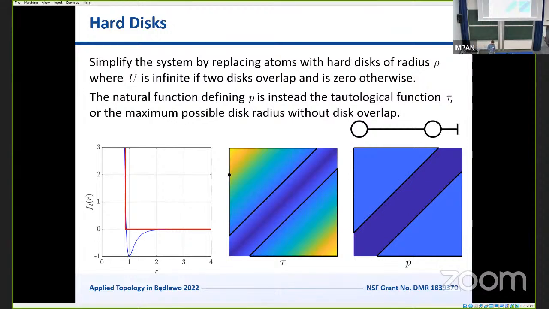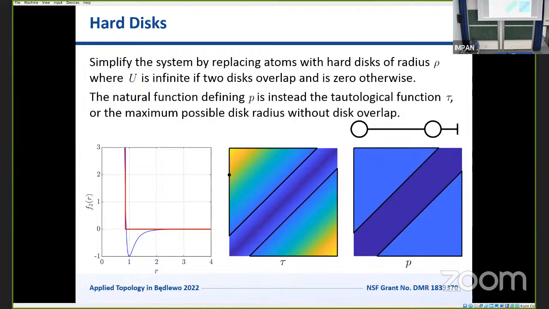Well, I claim that there's a natural filtration on this space, and it's given by a function known as the topological function tau. The notation, and actually the name of the topological function, I believe, was proposed by Matt Kale in conjunction with co-authors.